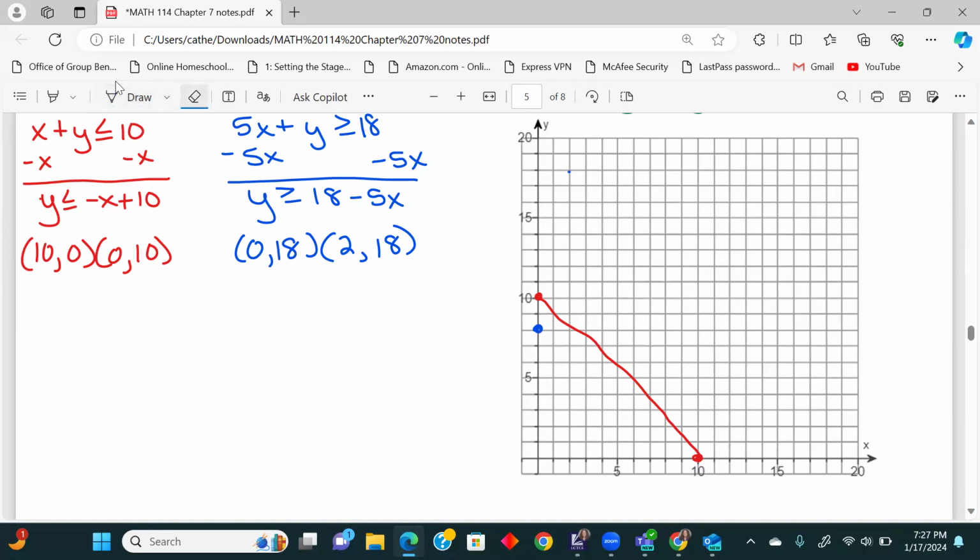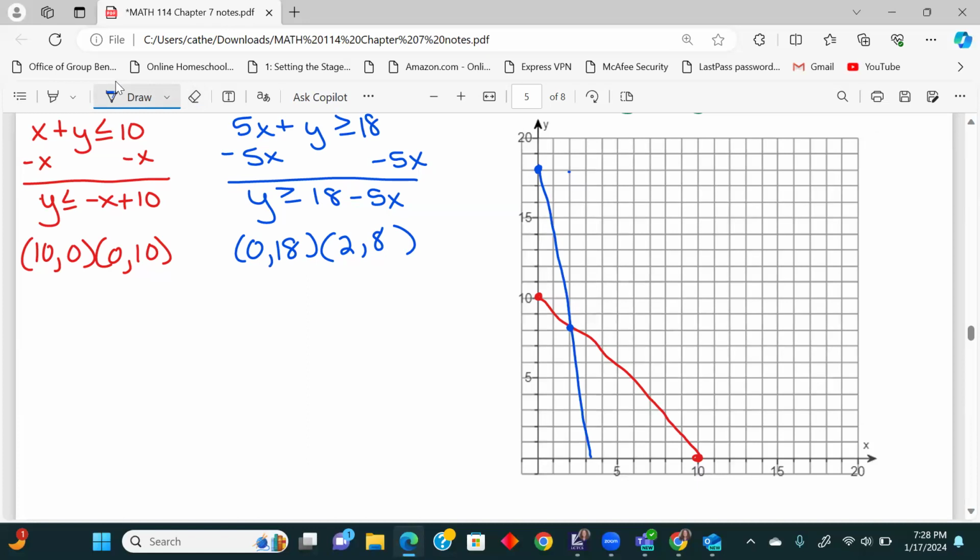I got those reversed. Try this again. 0, 18, 15, 16, and over 2, up 8. That's going to be pretty steep right there.